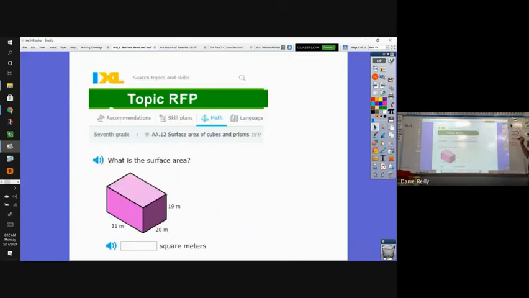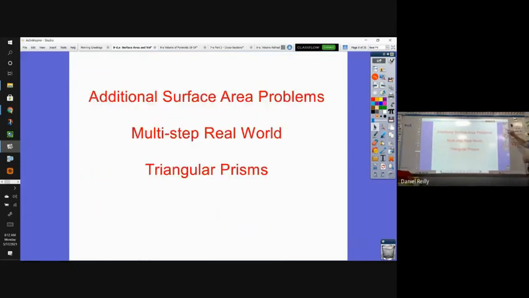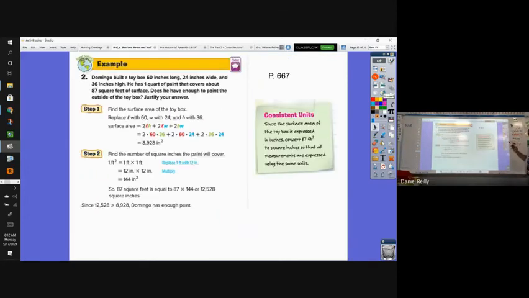Other than rectangular prisms, there are real world problems that go with surface area, like wrapping paper, how much do you need to go around a shape? Or if you are painting a room, how much paint do you need? Paint is bought by how many square feet it covers, because you paint in 2 dimensions, right?